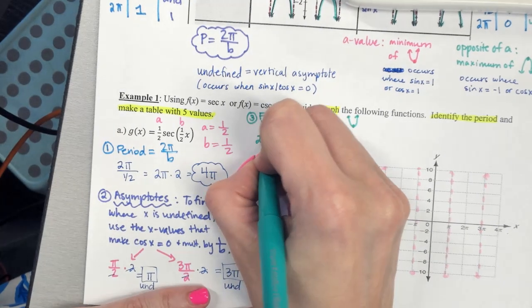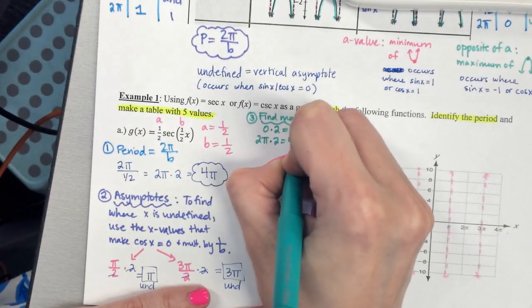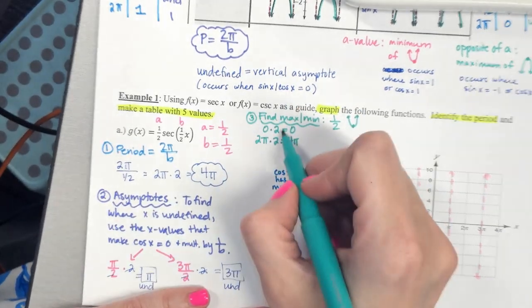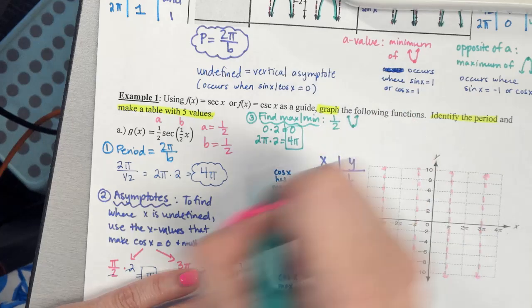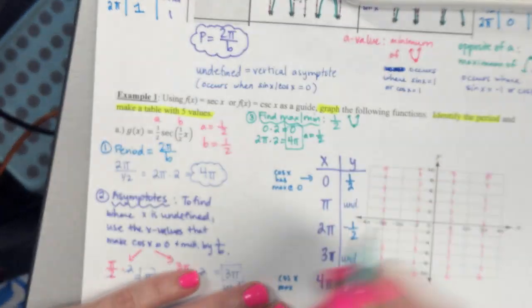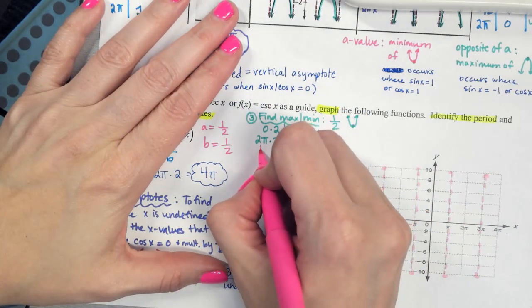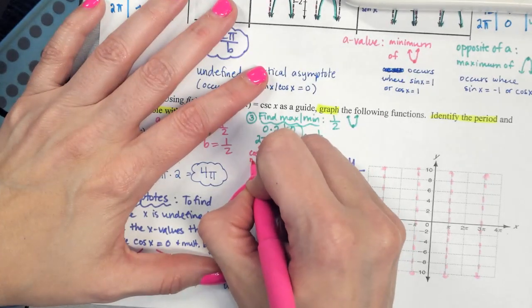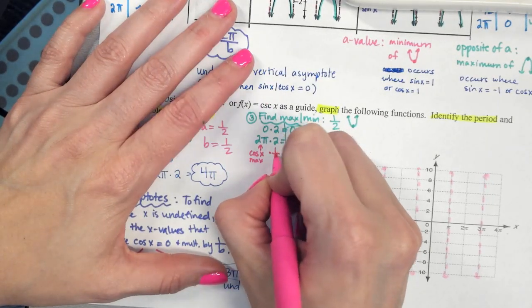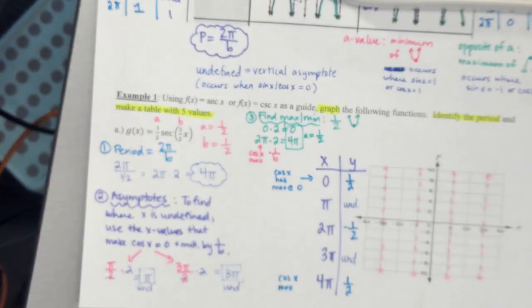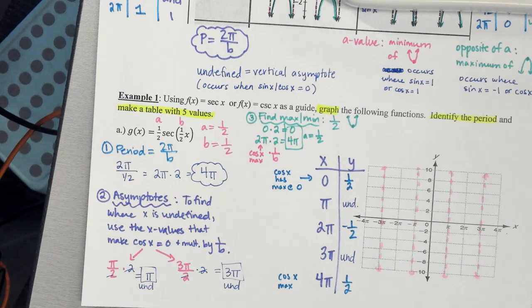And if you were to multiply 2 pi by the reciprocal of b, you get 4 pi. So this is where you have A equal to 1/2. Again, that's because you are just taking where the cosine reaches the max, and you're multiplying by 1 over b. You don't have to do it this way. I just talked you through how you could think of it. You don't have to write it out. You can just do that part.